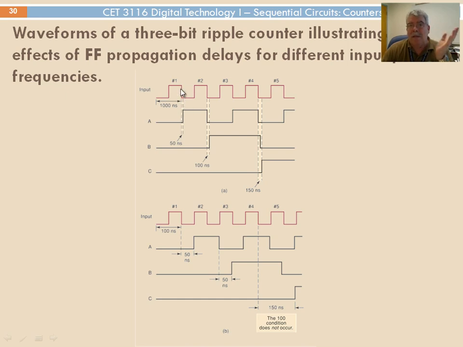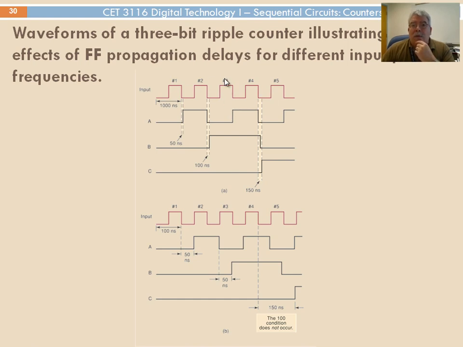We're assuming that those are JK flip-flops and they're falling edge type of flip-flop. So we have 50 nanoseconds of propagation time. Remember, this output of the first flip-flop is going to be the clock that feeds the second flip-flop. That's the way the ripple counters are designed.